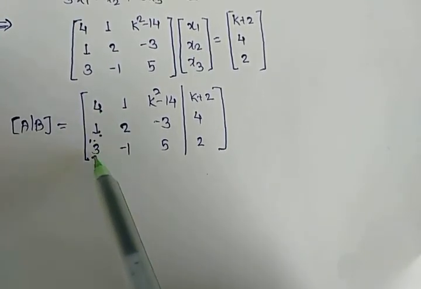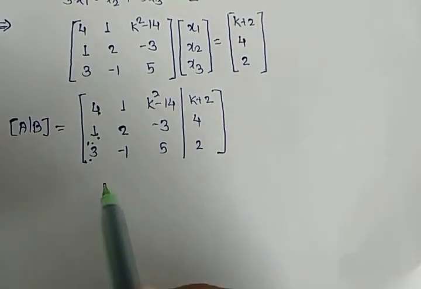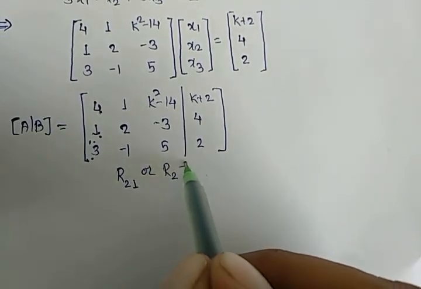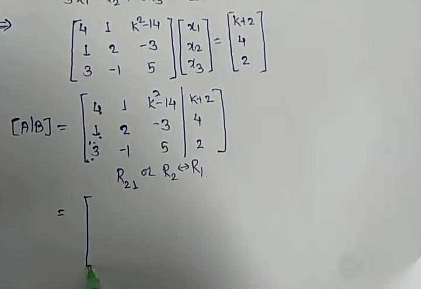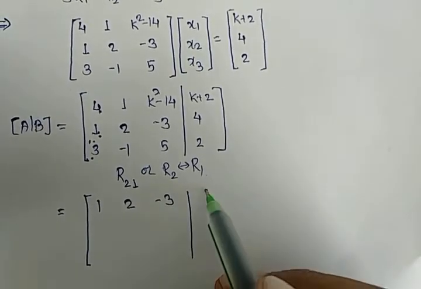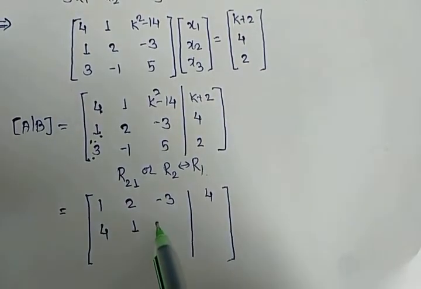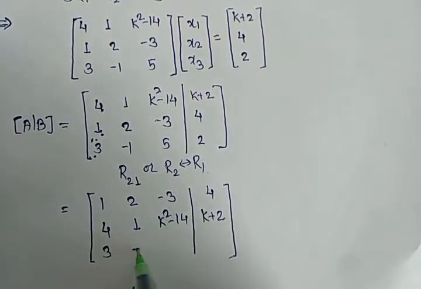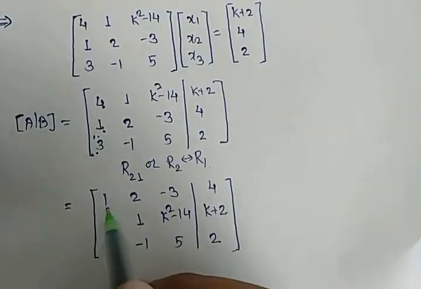Below A11 we have a 1, so interchanging R2 and R1, we get first row 1, 2, minus 3, 4, second row 4, 1, k square minus 14, k plus 2, and third row as it is 3, minus 1, 5, 2. So here we get a first leading one.